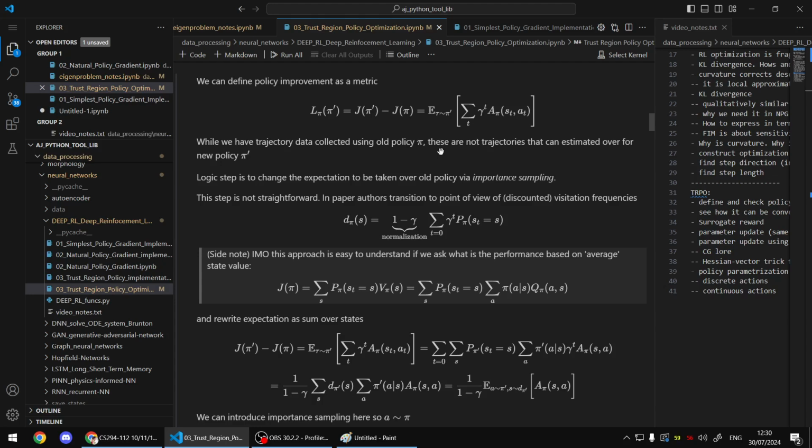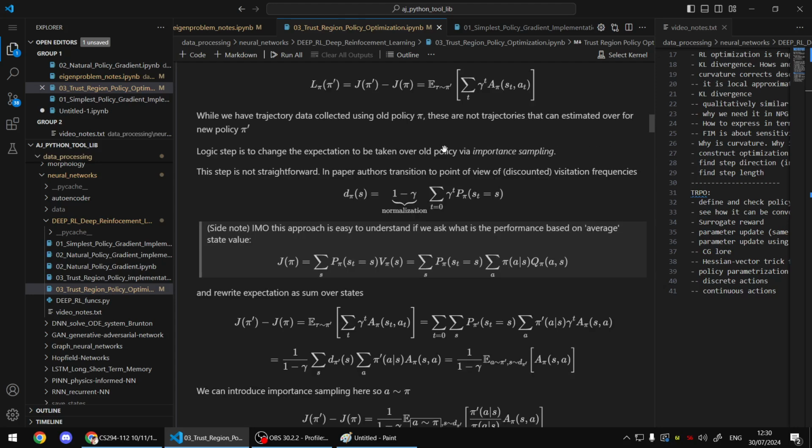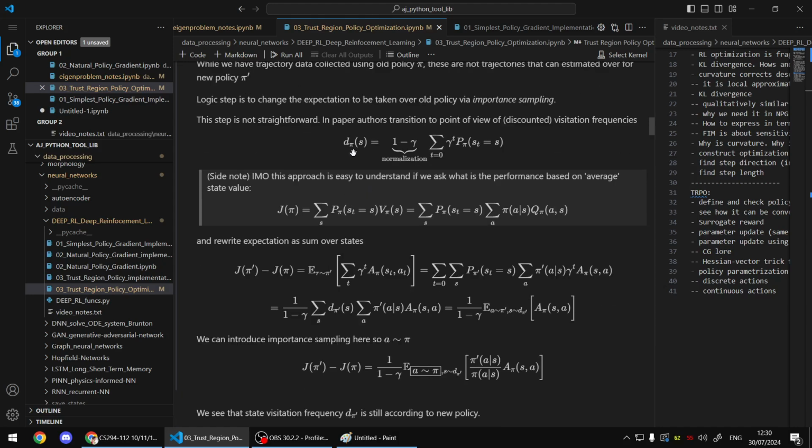In the paper and also in this lecture, which I propose you to watch, they change the point of view of how we express the policy performance in terms of visitation frequency, discounted visitation frequency. It's kind of difficult. I personally don't completely understand it.